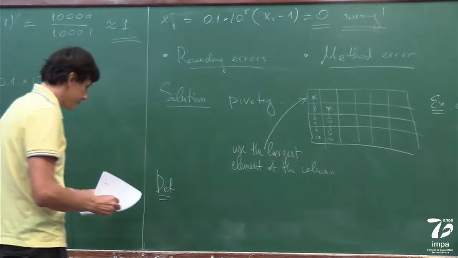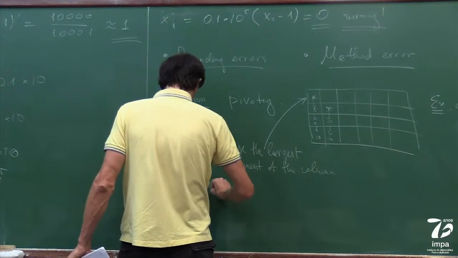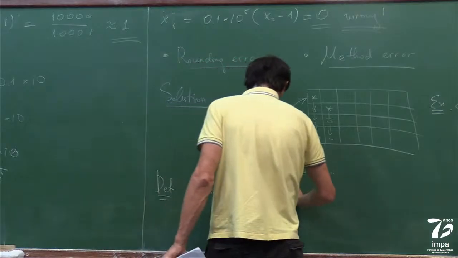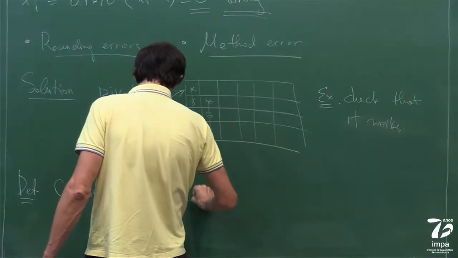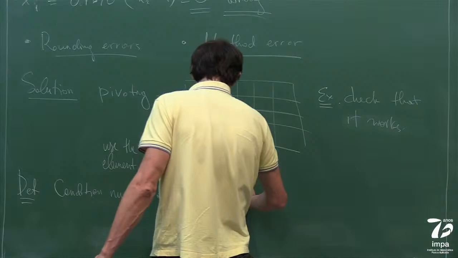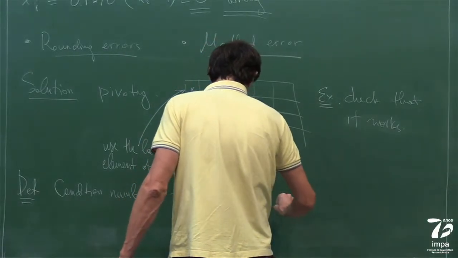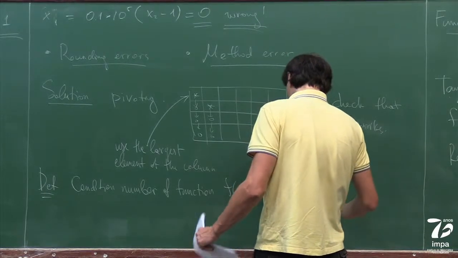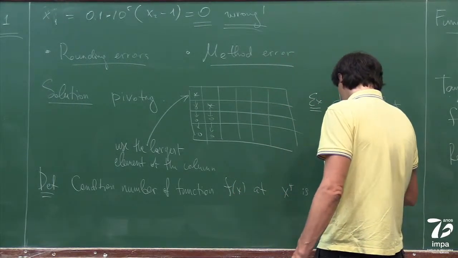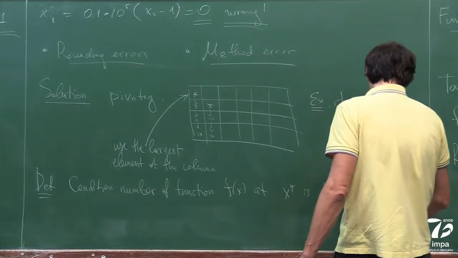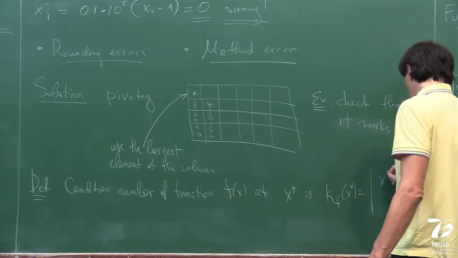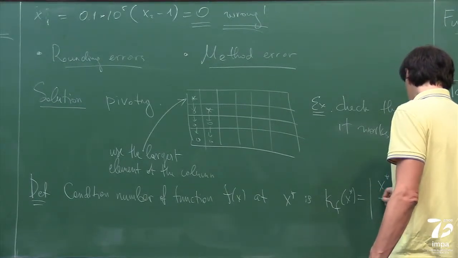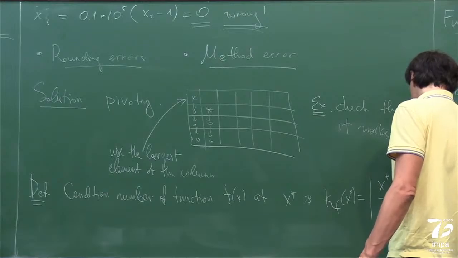The condition number of function f at the point x star is the modulus of x star times f prime at x star, divided by f at x star.